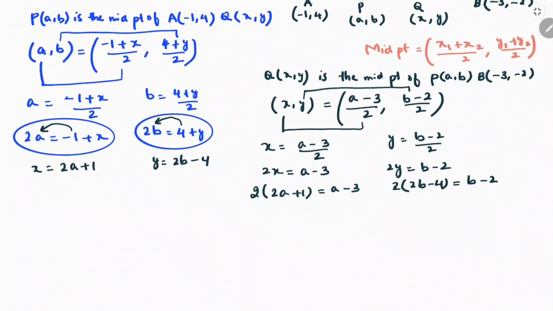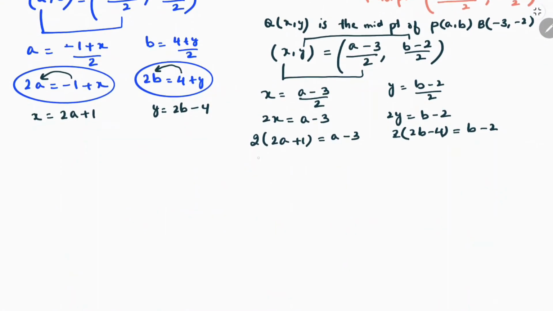Now I'll get the values. 2 times 2a plus 1 is 4a plus 2 equals a minus 3. 4a minus a is minus 3 minus 2, so 3a equals -5, a equals -5 by 3.